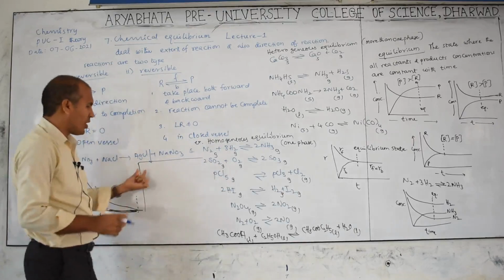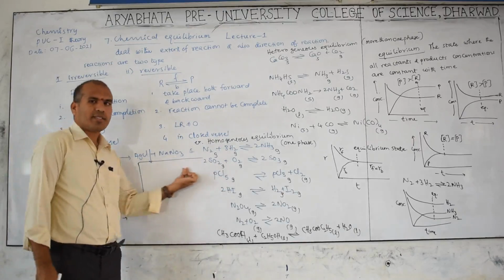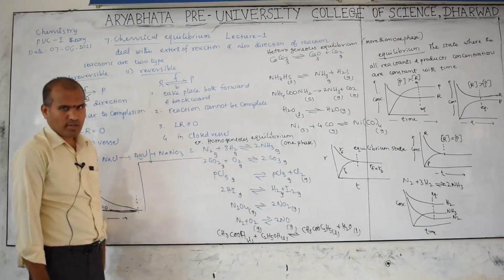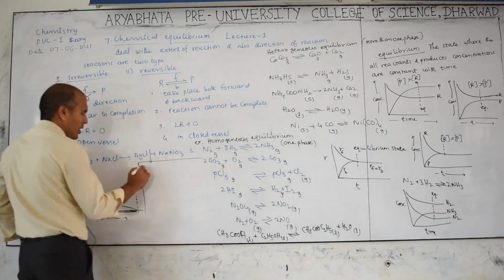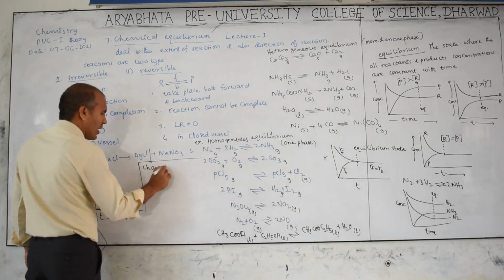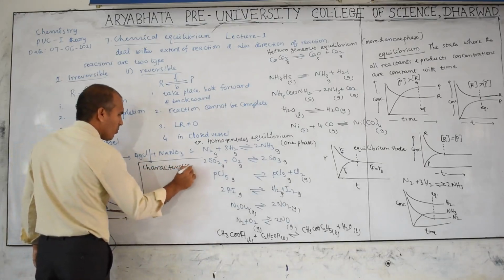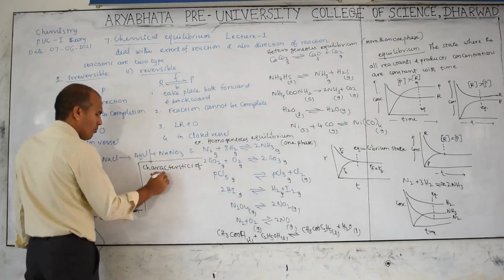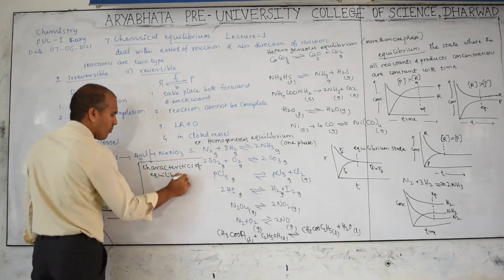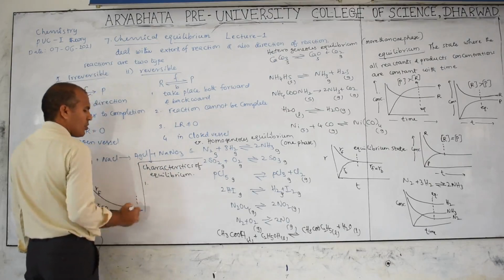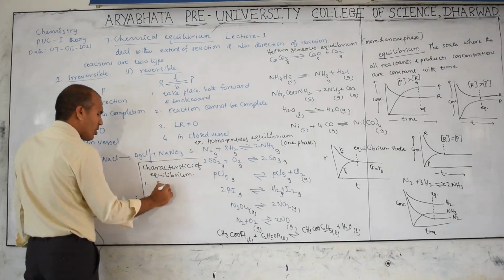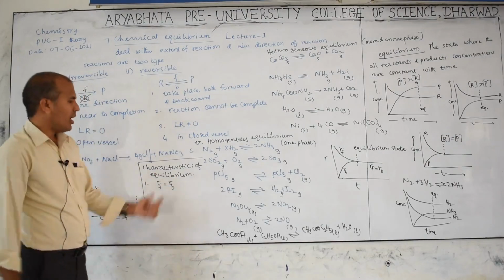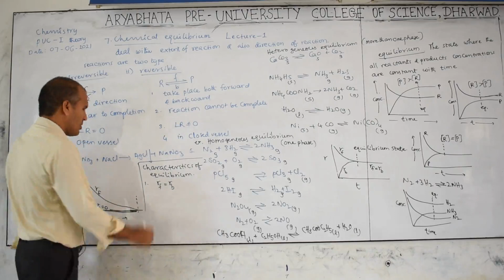So now we can put the heading: characteristics of equilibrium, or important points of equilibrium. Now the first point is: the rate of the forward reaction is equal to the rate of the backward reaction at the equilibrium position.